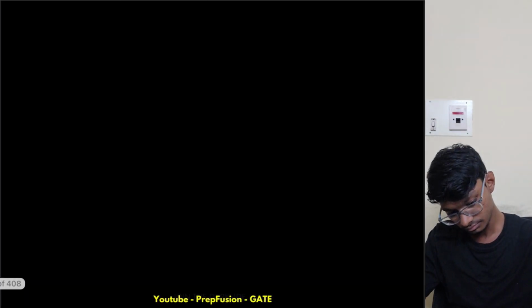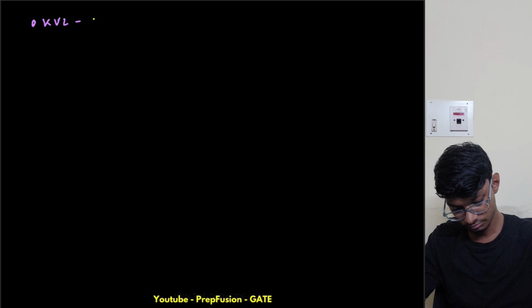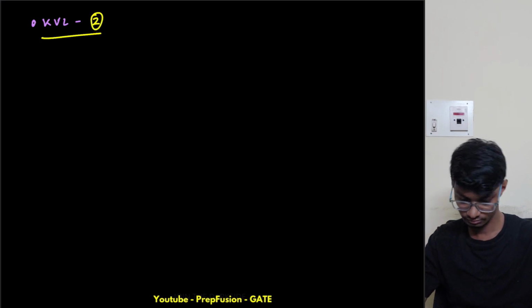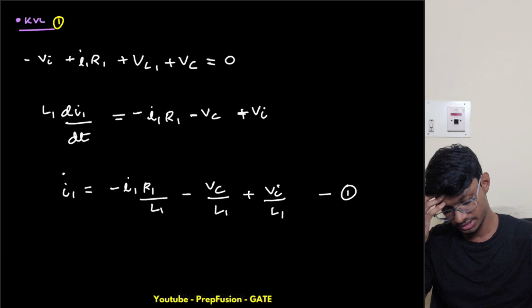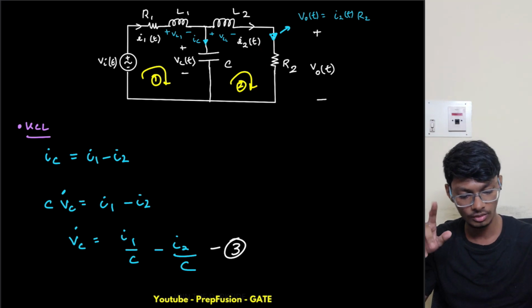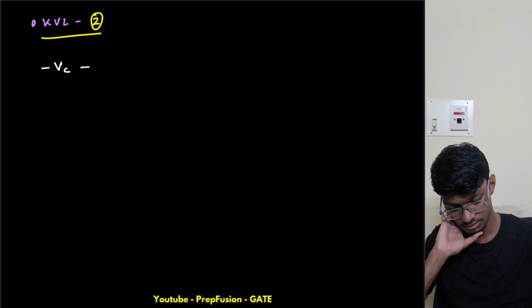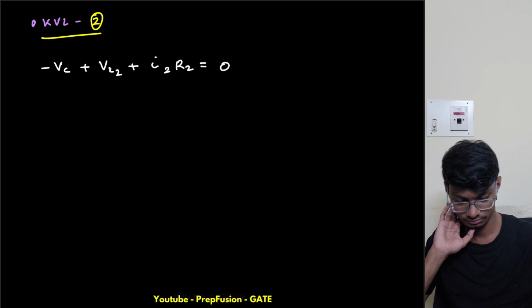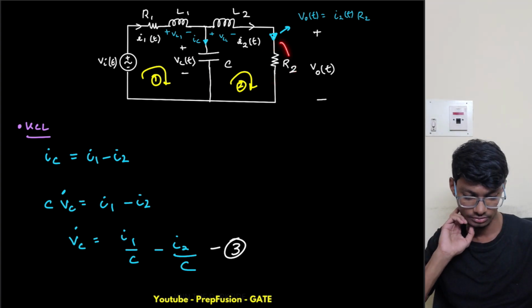For the second loop, I will apply this equation: minus VC plus VL2 plus I2 R2 equals 0. I will not write VI here, since it is not in this loop.